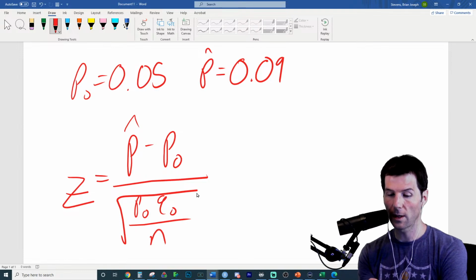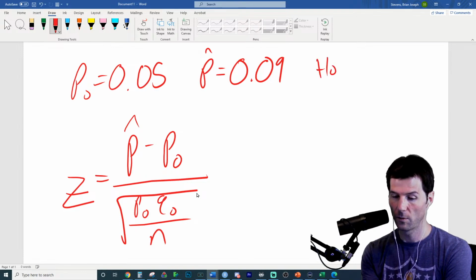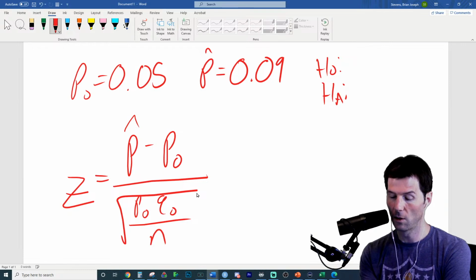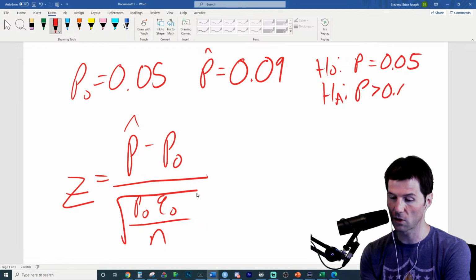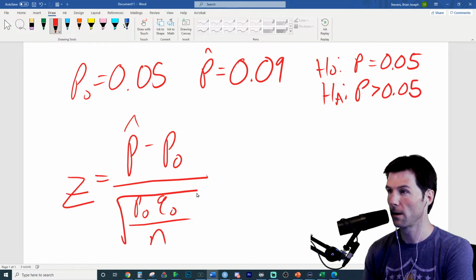So we would probably want to write our null and alternative. The null would state that the true proportion is equal to 5% because that's the hypothesized. We're trying to see if there's evidence that the true proportion is greater than 5%.